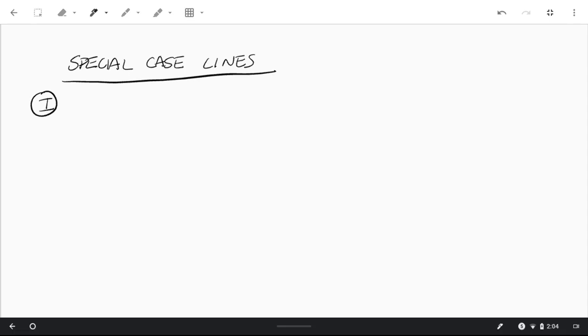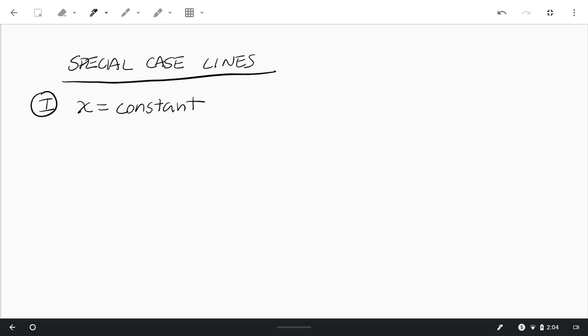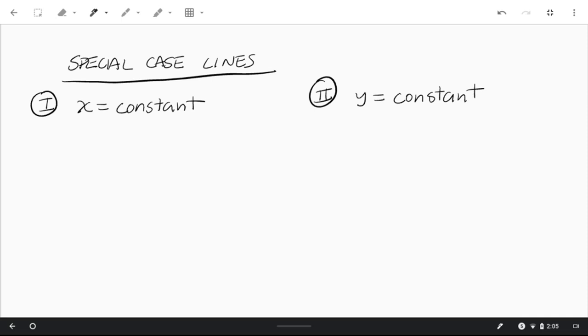The first one is if you have x equals a constant, like x equals 5, and there is no y. So the question is, how do I graph that? The y is missing. The other case is when you have y equals a constant, like y equals -3. The x is missing. So then students get confused: how do I graph this if the x is missing?